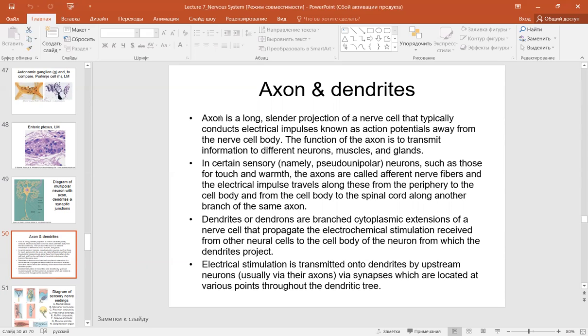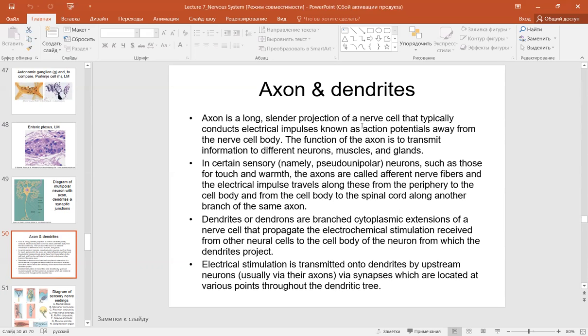So it is the length of the process that determines whether it is denominated an axon or dendrite, not the direction of signal transduction.